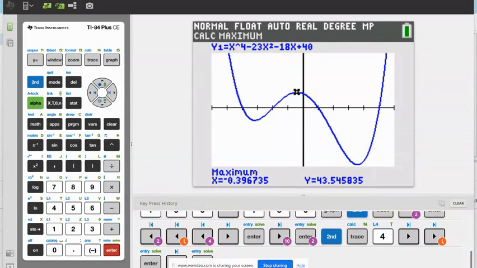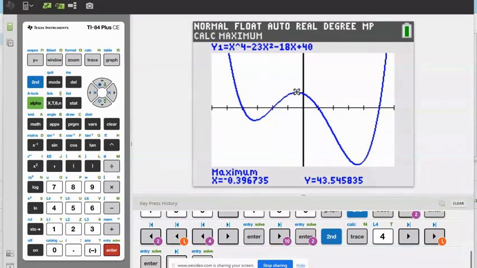But now I'm not looking at the y's. I'm looking at the interval. I'm looking at the domain that it's going up. So I need to find the x values of the minimum and the maximum. We're going to do this one more time. What do we still have up there? We have our x maximum, right? So it is increasing from this point all the way to this point.